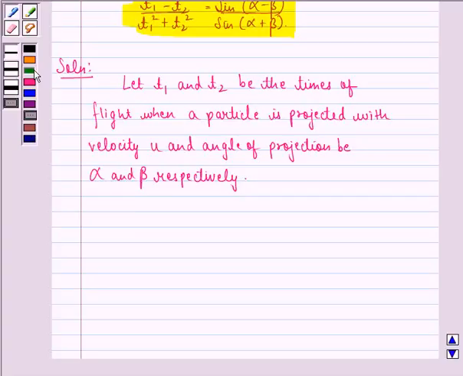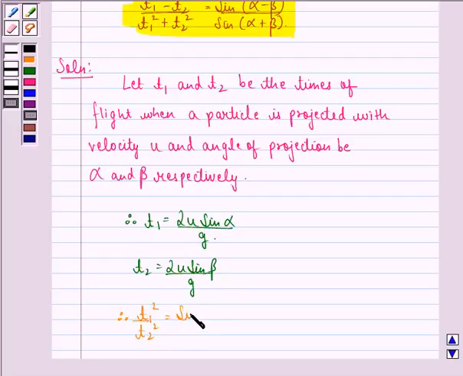Therefore, t1 is equal to 2u sine alpha divided by g, t2 is equal to 2u sine beta divided by g, where g is acceleration due to gravity. Therefore, t1 square upon t2 square is equal to sine square alpha divided by sine square beta.